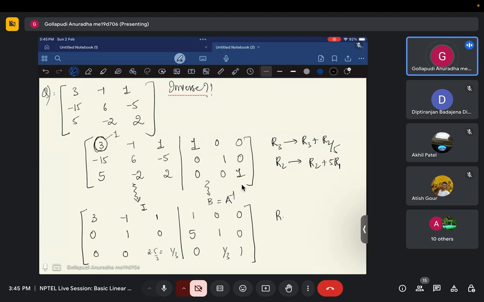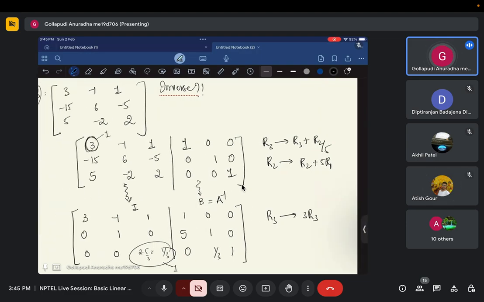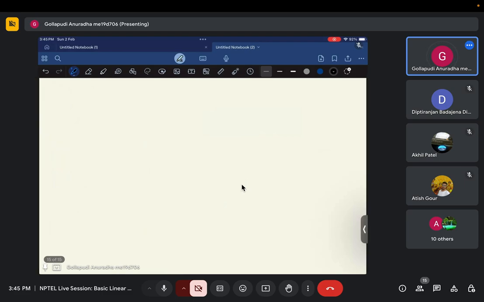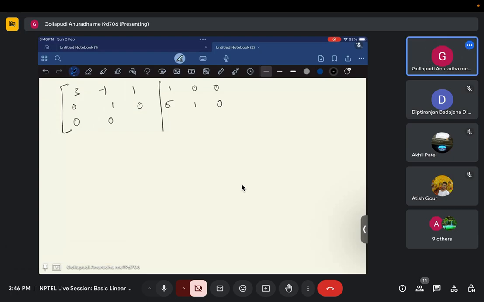For this, let's multiply R3 by 3 so that this will become 1. Yes, sir, 3R3 plus 5R1 will serve the purpose for making that element 1. Yeah, there are multiple ways of doing this.